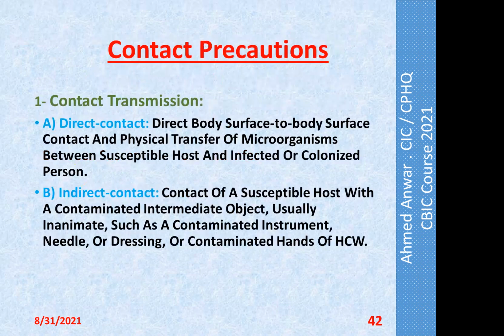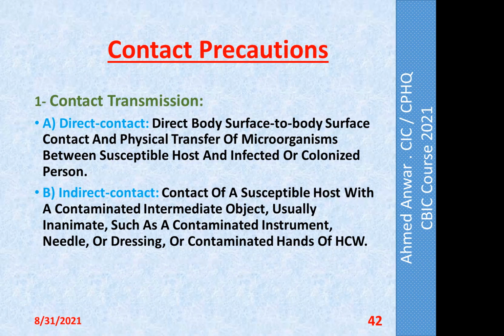Contact transmission may be direct or indirect, and the same result will appear. Direct contact is body surface to body surface contact, or physical transfer of microorganisms between two patients or between patient and staff.